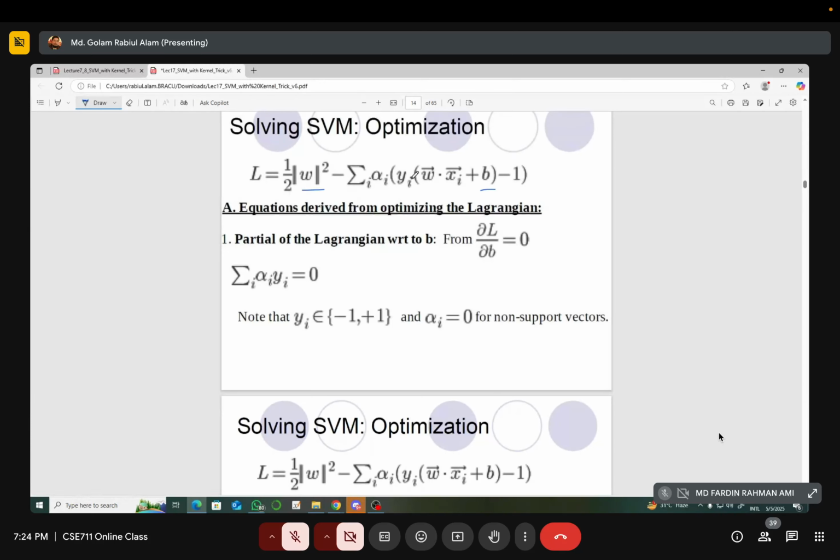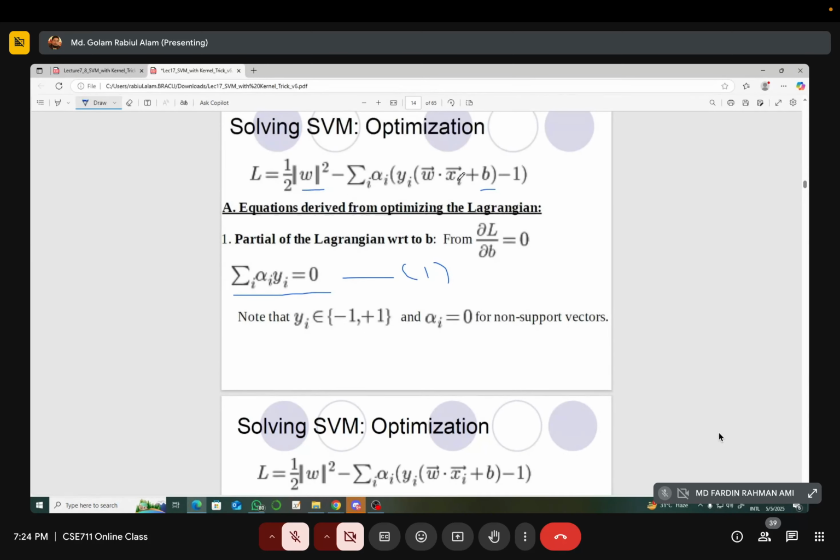This is the equation. So what we have to do, we have to take the derivative of this equation, that is derivative of L with respect to B. And if we take the derivative with respect to B, then we got this equation. The details you can find out in our last lecture. So this one is the equation number 1 maybe.